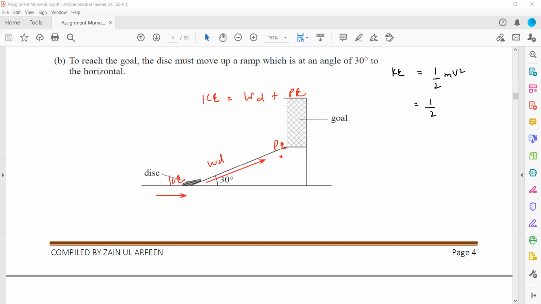It is mentioned in the first part of the question that the mass of this disk is 0.035. So 0.035 times the speed at which it moves on the inclined surface initially, which is 5, so it will be squared. What will be the kinetic energy when we substitute? It will be 0.44 joules.